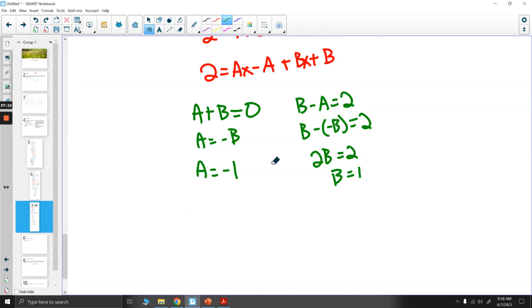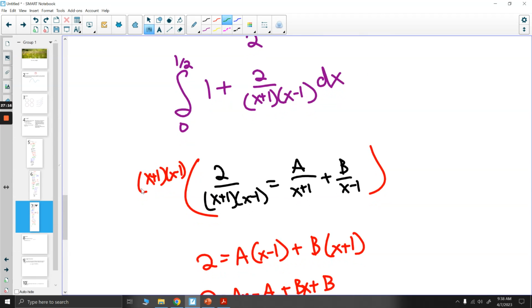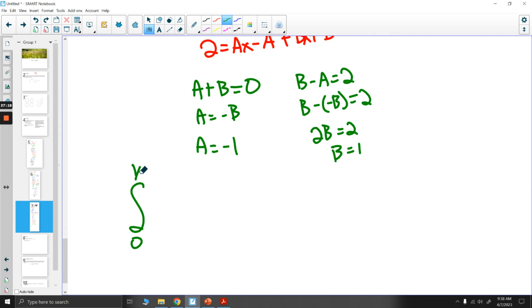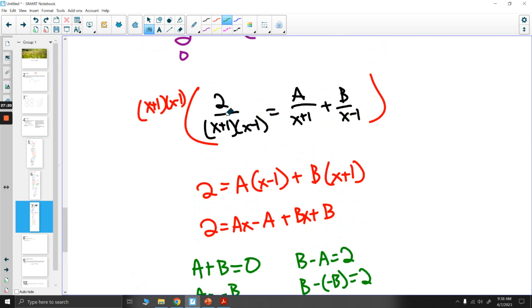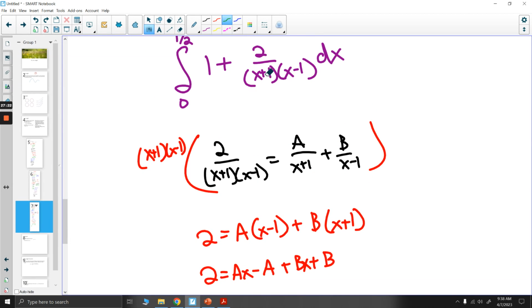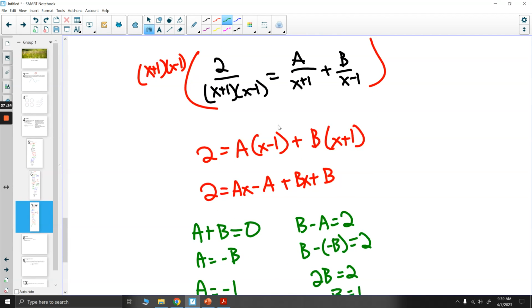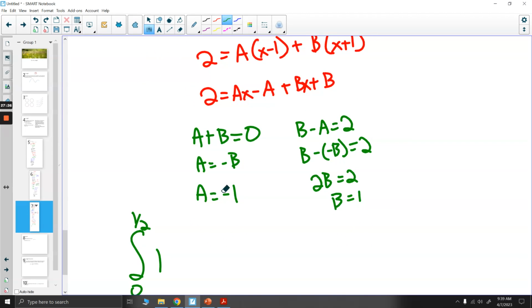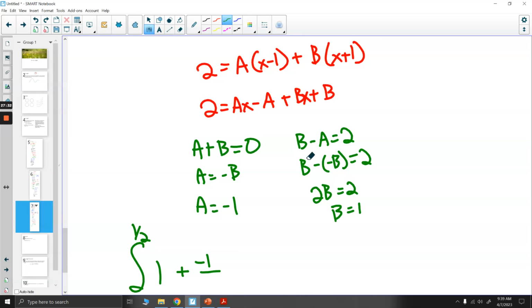So we are now dealing with the integral from 0, wait, I can't even remember what it is. 0 to 1/2. There we go. We still have our 1 that we had initially, this 1 after our first division. Now this is being split up into these two terms. So a is, that's going to be plus negative 1 over x plus 1, plus b, 1 over x minus 1 dx.